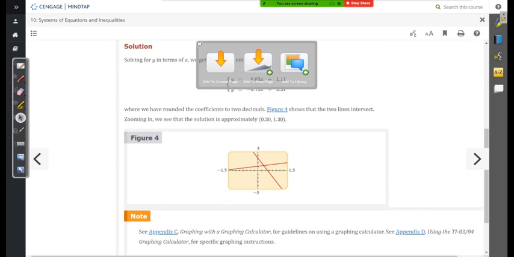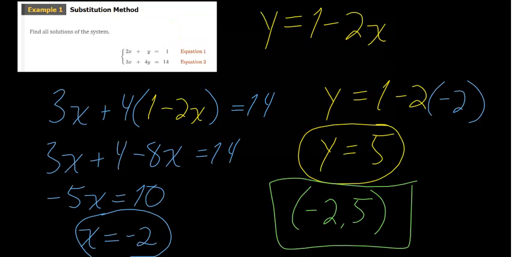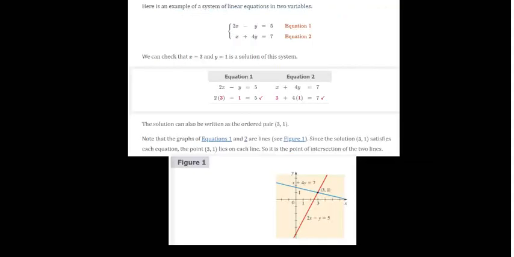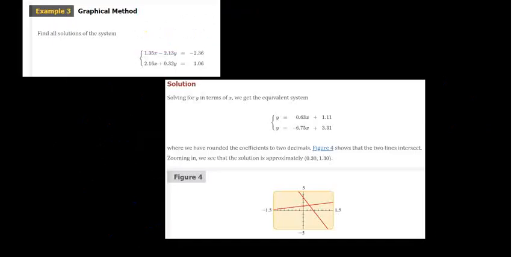So we saw at the very beginning of the lecture that my system of linear equations, the solution, if I graphed it, would be where they intersect. And that's true. If I were to graph both of these equations, where they intersect, right here, I guess the solution would be 0.3 and 1.3.